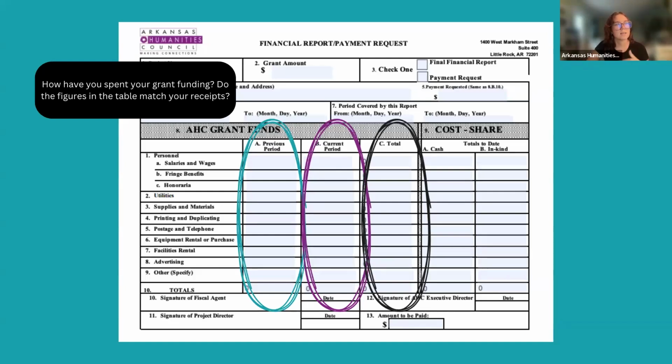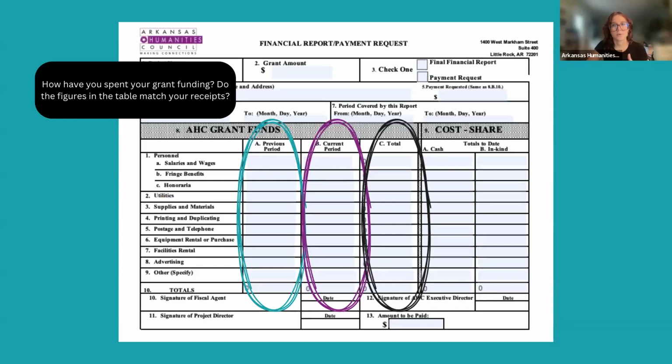So when you're signing this for your grant agreement, it's very likely you don't have any kind of expenses at that time, so you don't really need to worry about putting anything in the table at that time. When you get to your final report, the purple oval is where you're putting all of your expenses. So what you've actually spent towards books, honoraria, travel, that's where you'll put those into the appropriate fields.